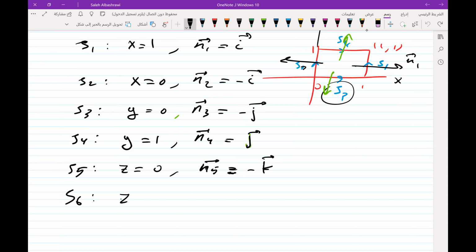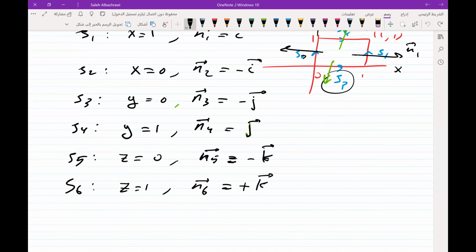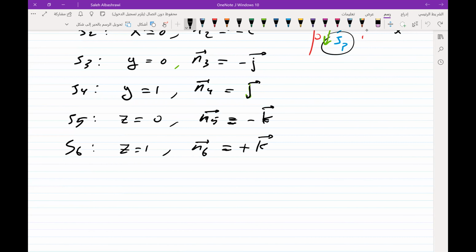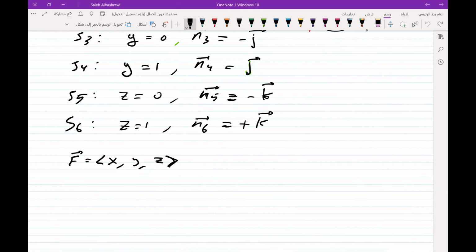S6 is when z equal to 1, and the normal vector would be plus k. Taking into consideration that f is given by x, y, z, let's find the first flux now.